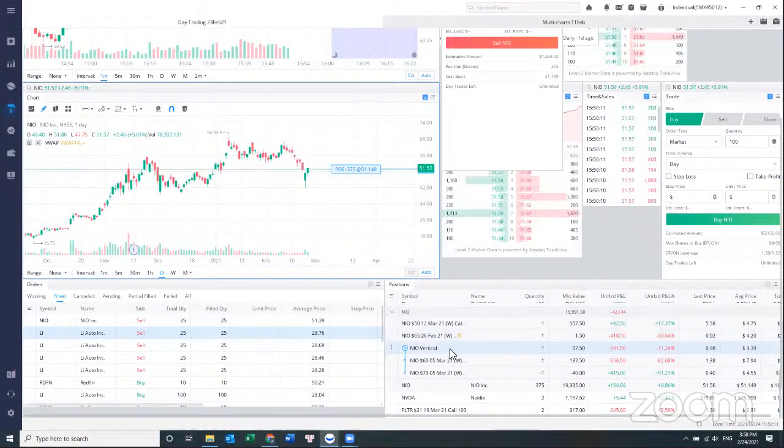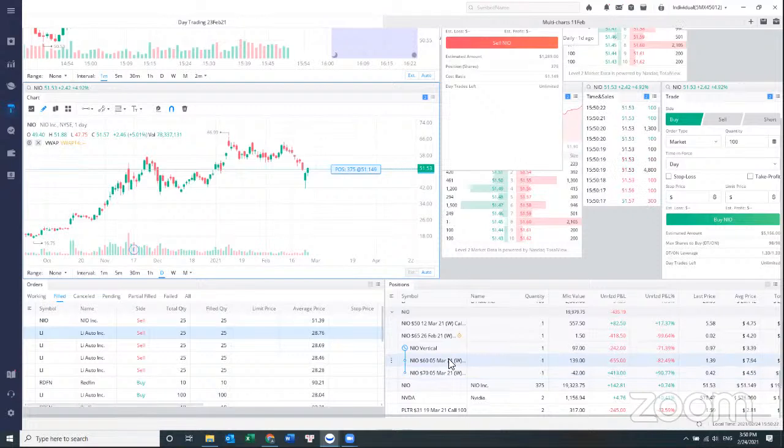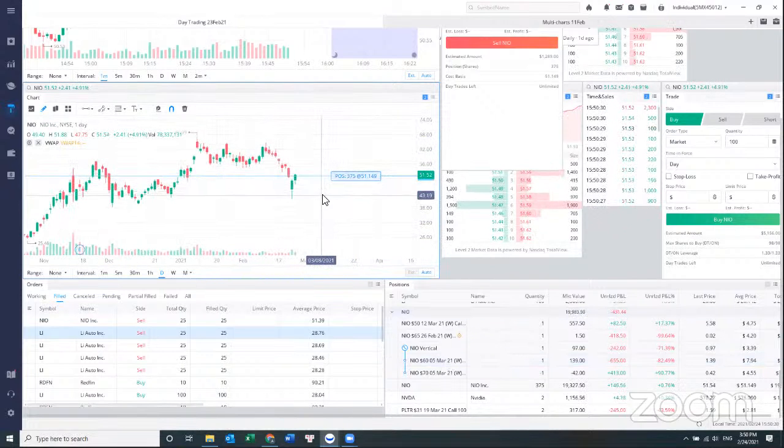And then I have this vertical spread. Basically, I put $300 in to bet that it would be between $60 and $70 by March 5th. So I don't know. Hopefully it will. Earnings is next week.